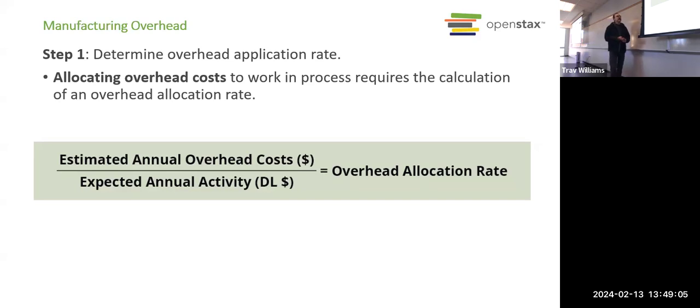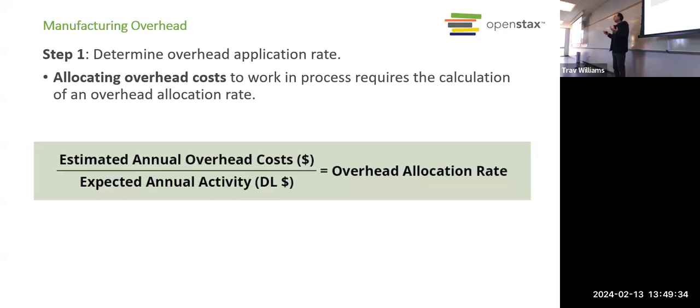There are three common approaches that we can use to estimate overhead. There's direct labor cost, there's direct labor hours, and machine hours.